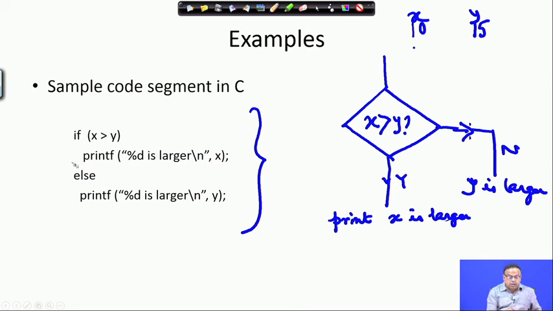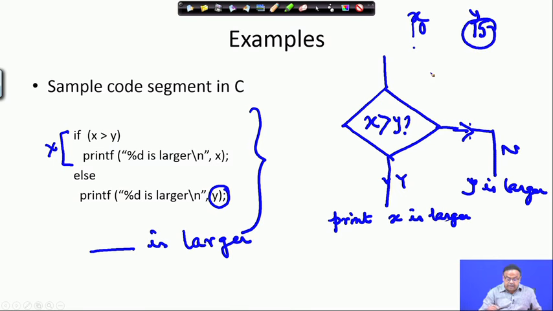So, this part will not be executed, we will come to here because x is not greater than y. So, we are taking this no path and we will print dash is larger, and in dash what will come? The value of y, that is 15. So, what will be printed is 15 is larger.